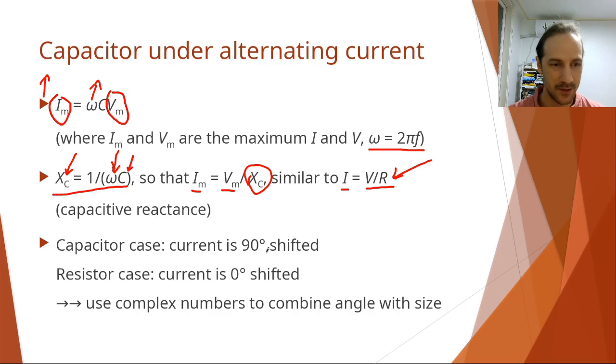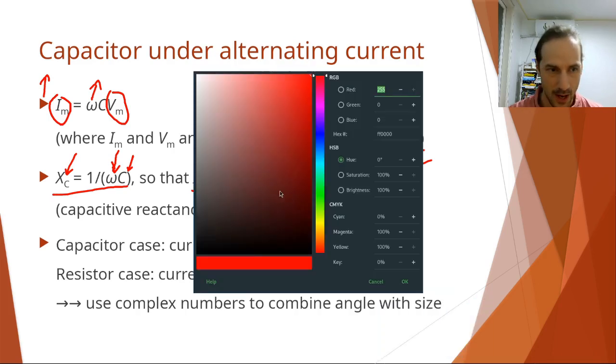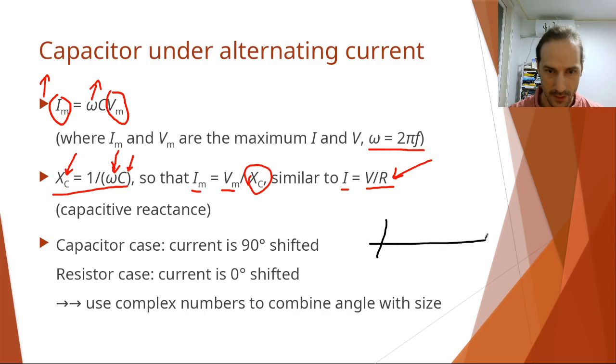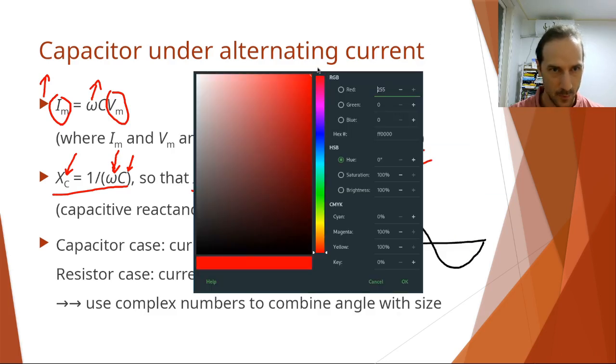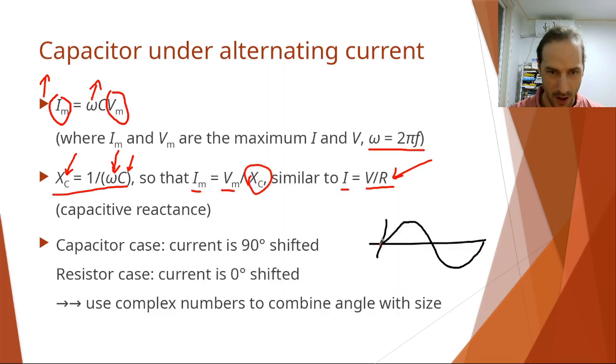In the capacitor case, we can say this is 90 degrees shifted. So pi over 2 is 90 degrees. In the resistor case, the current is 0 degrees shifted, because if this is our very nice coordinate system, when the voltage goes up, or goes to minus, the current will just move together.